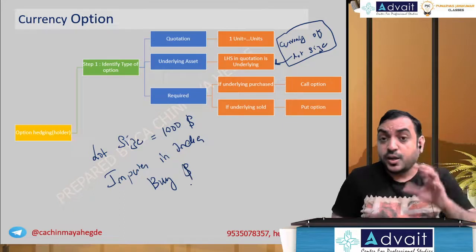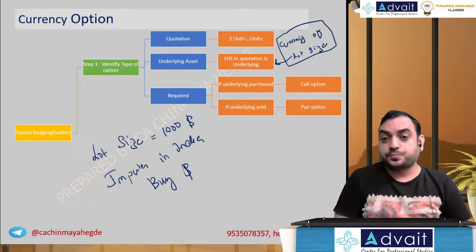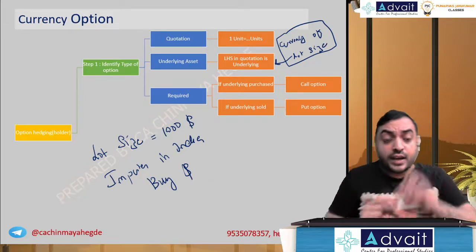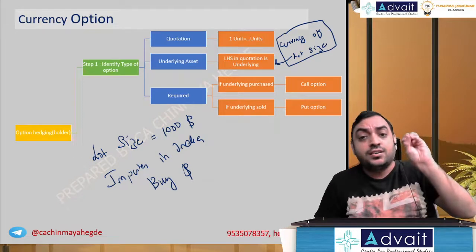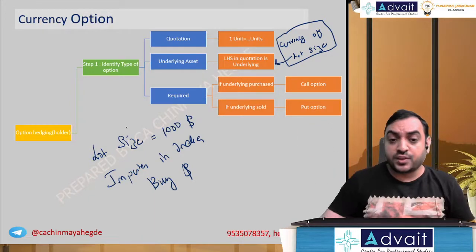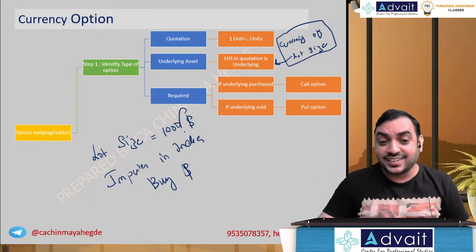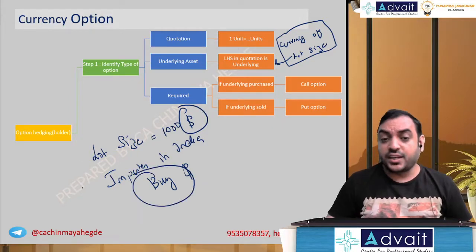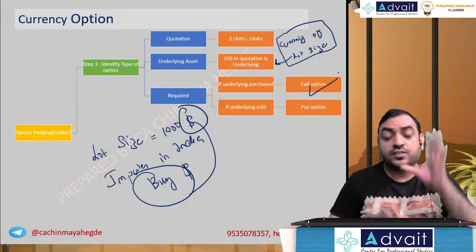Get the basic process. You get the money from the option contract, you make the payment to the supplier. So to make the payment to the supplier, I need dollars, so dollar to be purchased. What is the underlying asset? Dollar. What am I doing with respect to dollar? I'm buying dollar, which means call option.